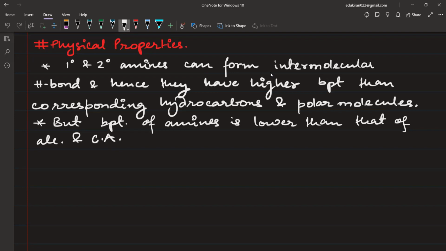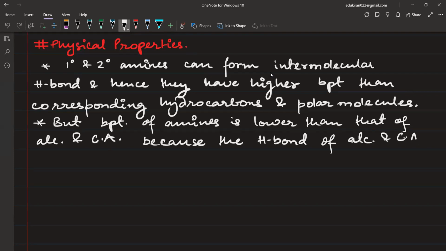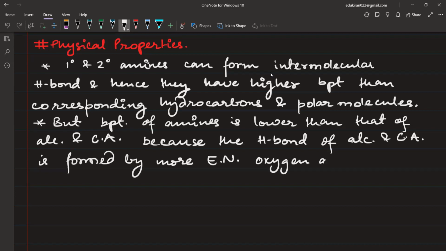Carboxylic acid, because the hydrogen bond of alcohol and carboxylic acid is formed by more electronegative oxygen atom. ठीक है, more electronegative oxygen atom.